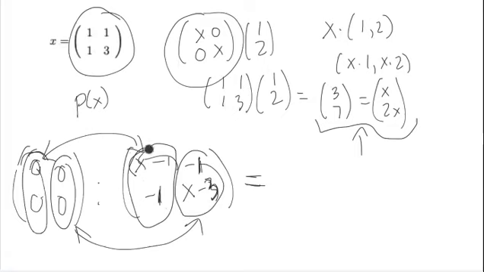So let's do that. Take the determinant of this: x minus 1 times x minus 3, and FOIL that. We have x squared, the middle terms negative x and minus 3x give negative 4x, and plus 3. Then you subtract going this way, so you get a minus 1. So you end up getting x squared minus 4x plus 2.